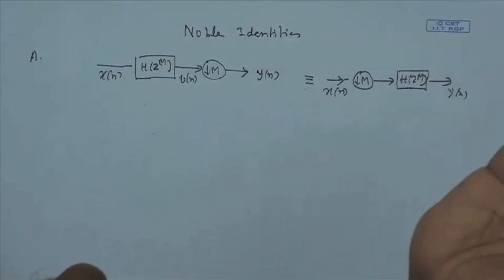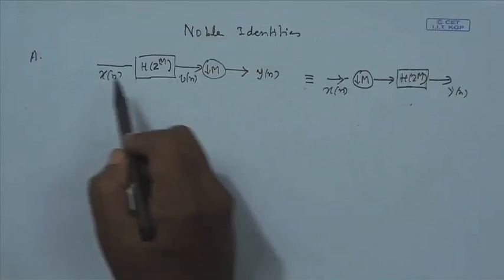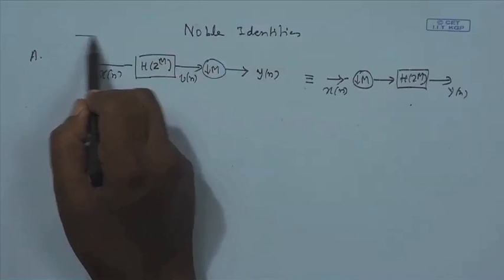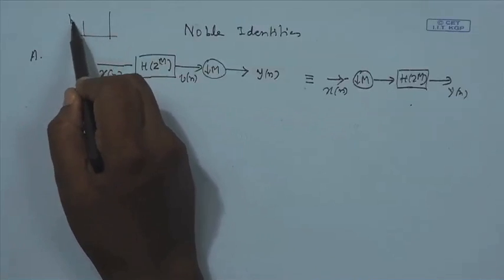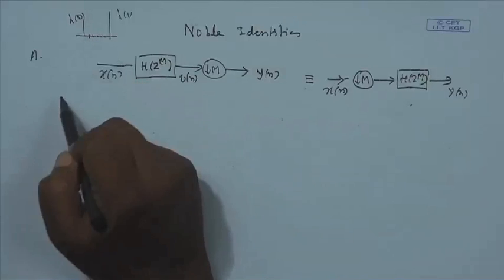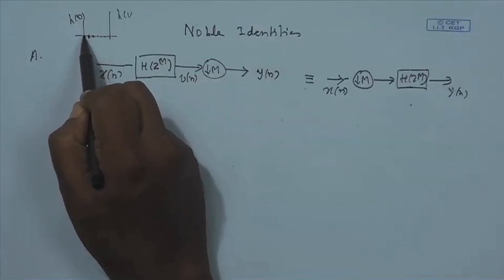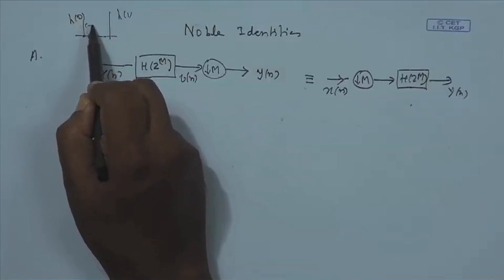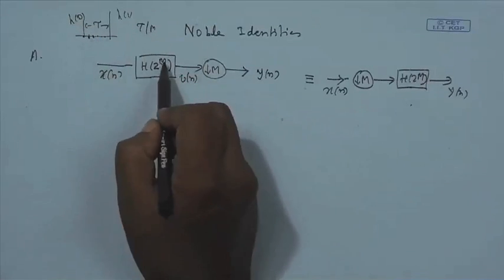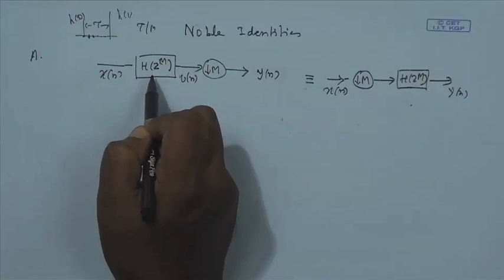But before I give a proof, see the advantage of this structure. Here H(z^M). So, between every pair of samples, say h 0, h 1, there are M minus 1 zeros. So, this is one sampling point, this is another sampling point, this is another sampling point. So, clock period is, if total is tau, it is tau by M. So, clock is high. So, this filter and therefore, the input is working at the same clock.